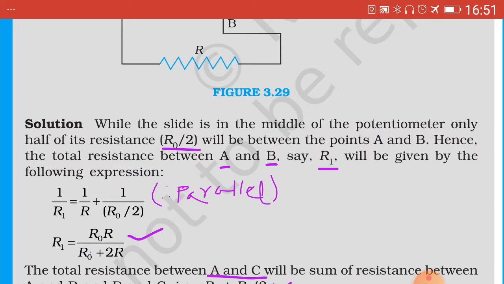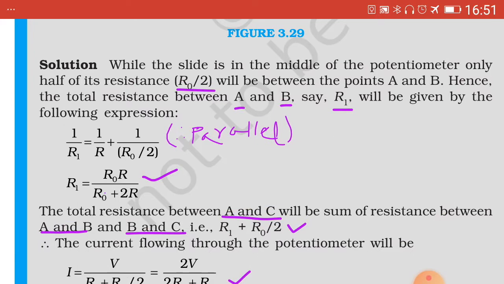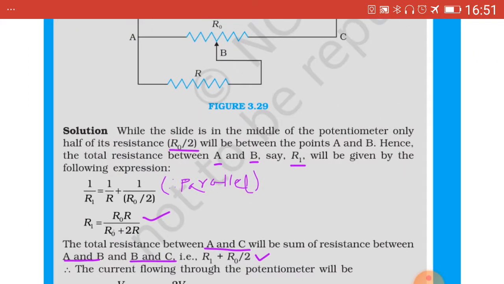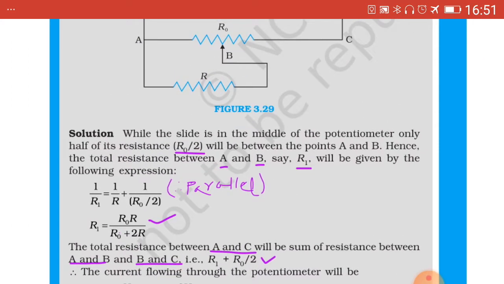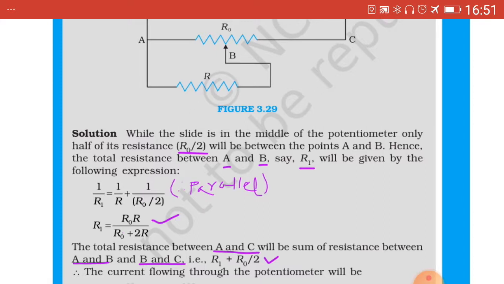Now we want to calculate the total resistance between A and C, which will be the sum of resistances between A and B and B and C. If we refer the figure, resistance between A and C equal to resistance between the length AB and BC.